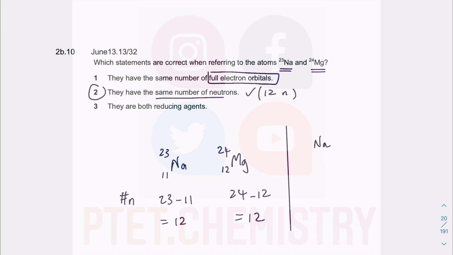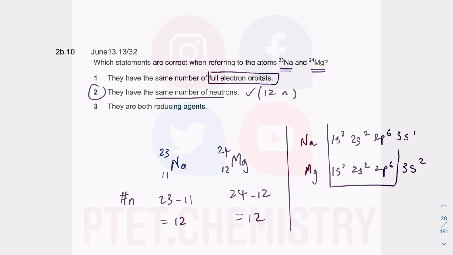So that's electronic configuration. That is 3s1 for sodium, and then magnesium will have one extra electron. That is 3s2. Up until that point, those are fully filled.